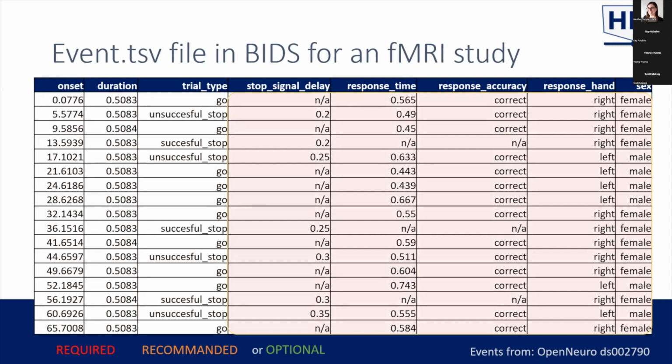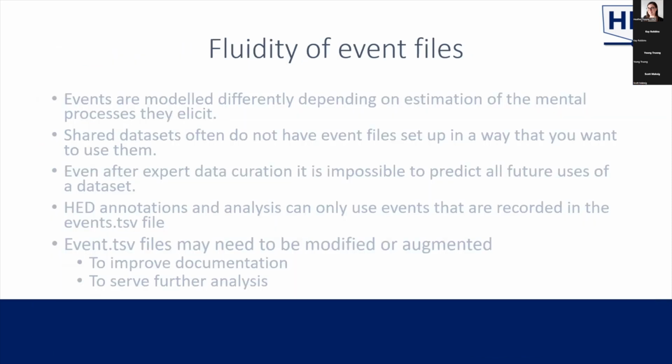But obviously, these additional columns provide a lot of information about the actual events. What should be noted about the required columns is that they really define when something relevant is happening. So if there is no onset or duration defined, then we cannot annotate anything. And that's very important to consider for what I'm going to talk about next.